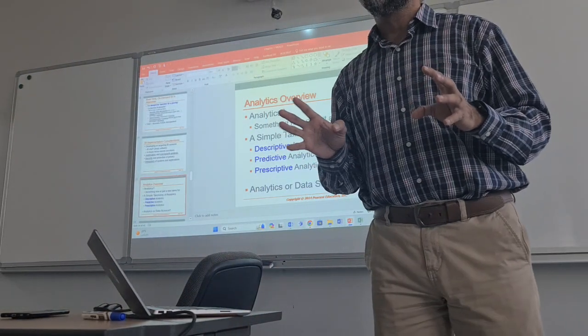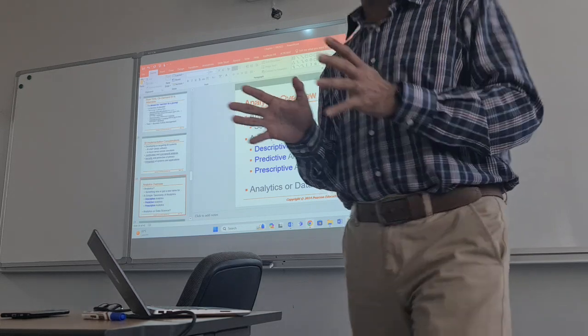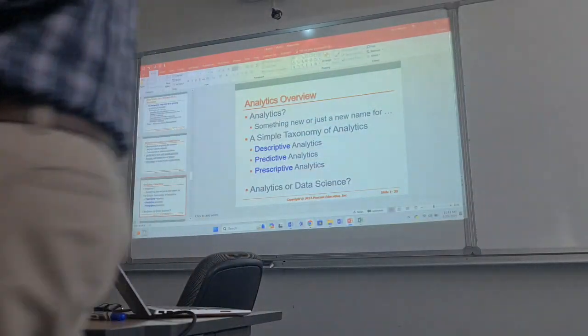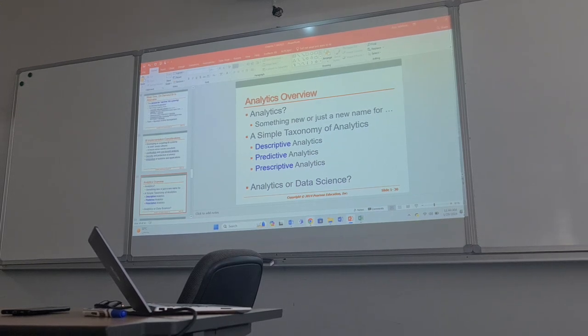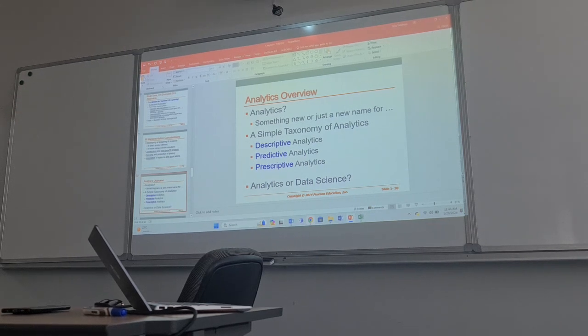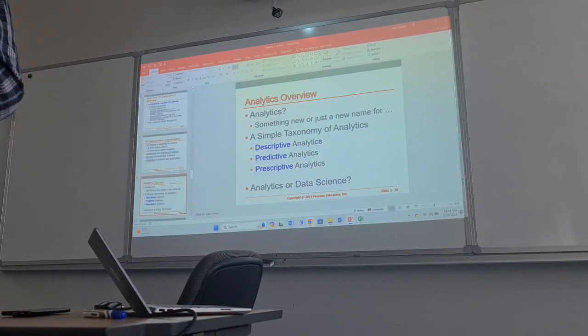The same can be said about analytics versus data science. Data science is like computer science. If you have to develop algorithms, deep statistics, advanced statistics, you are looking for people in data science. If you're doing business analytics, can you do that? Yes, you can.